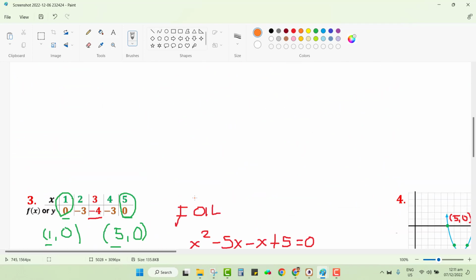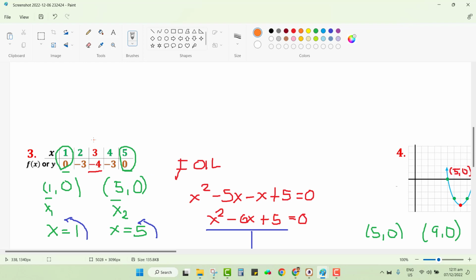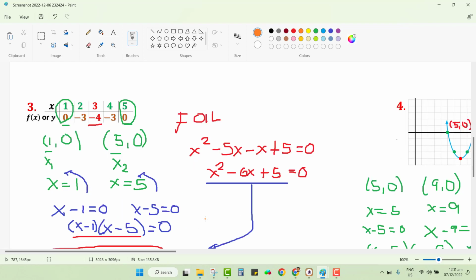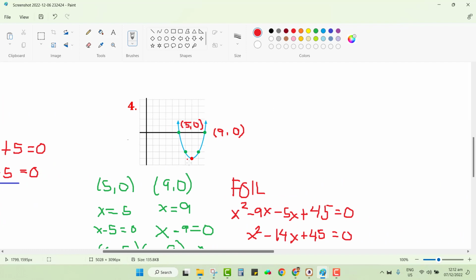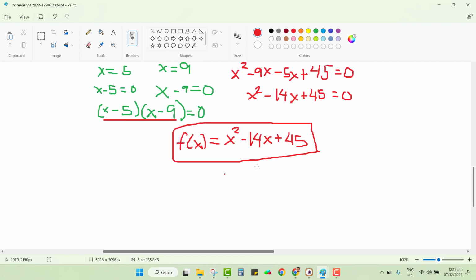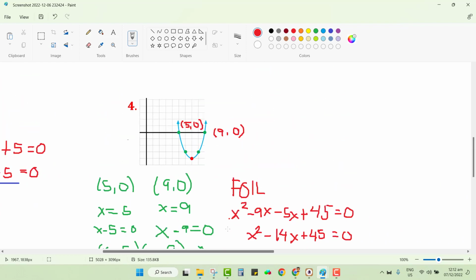But let us see if we will have the same result if we use the vertex form. For this table of values, using the pattern that you can see, your vertex is actually this here. Let us see whether we will end up with the same result. Similarly here, we will use this vertex and determine if we have the same result at the bottom.